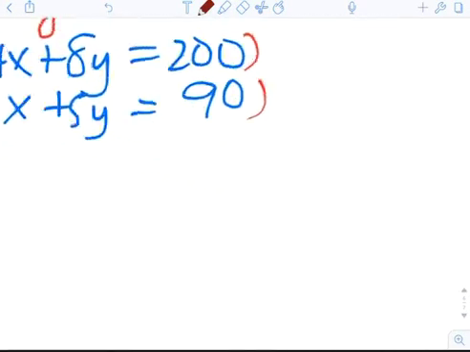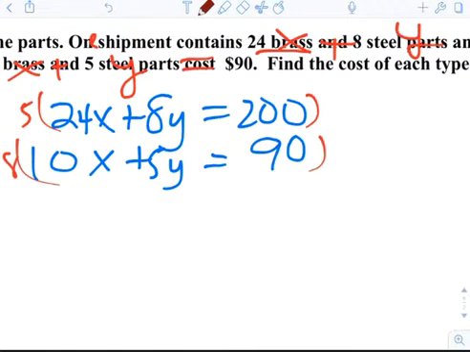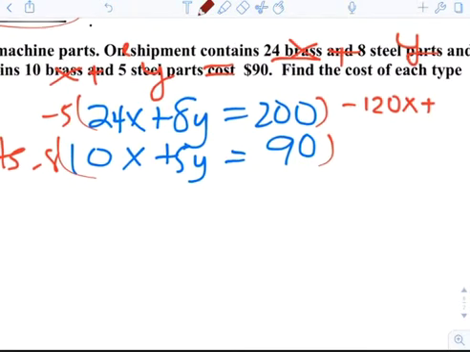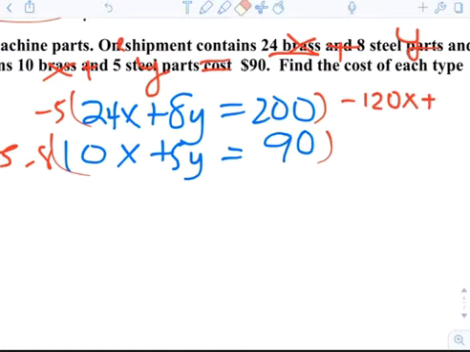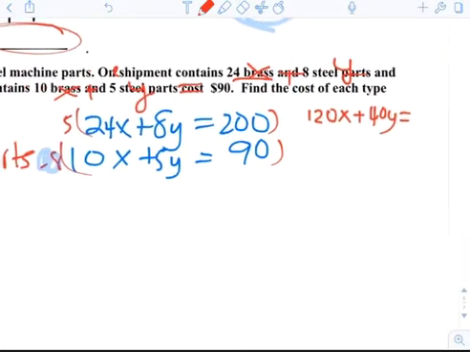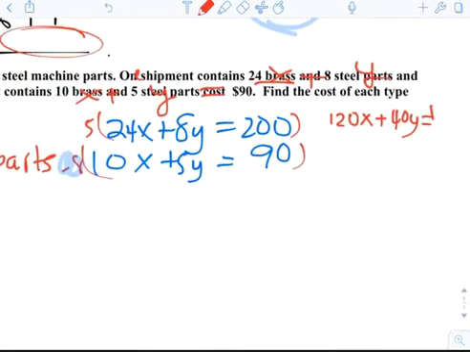So I change both of them. 120x plus 40y equals 1,000.